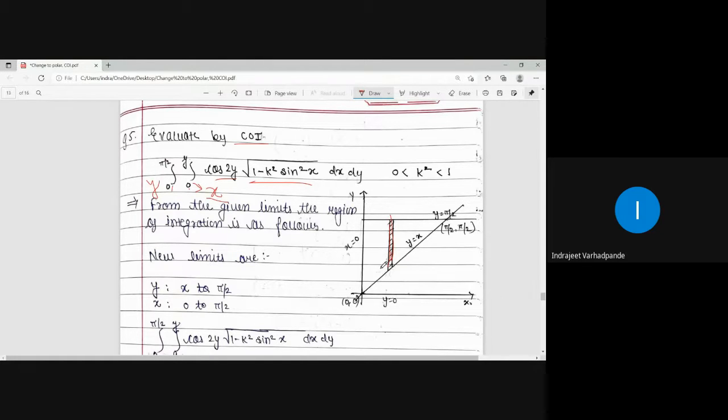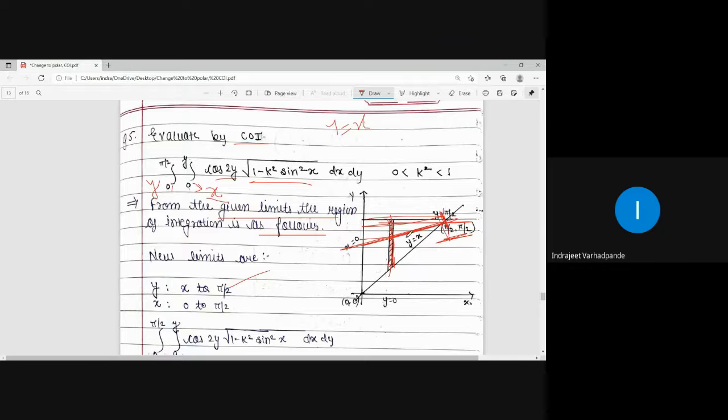So drawing the vertical strip in that region, now I transform the limits. So from the given limits, the region of integration is as follows. New limits are y is moving from x to pi by 2, because here is the boundary, and it comes in the variable. x goes from here to here, so from 0 to the point of intersection. Find the point of intersection: y is equal to pi by 2 and y is equal to x, so what will the point of intersection be? pi by 2, pi by 2.